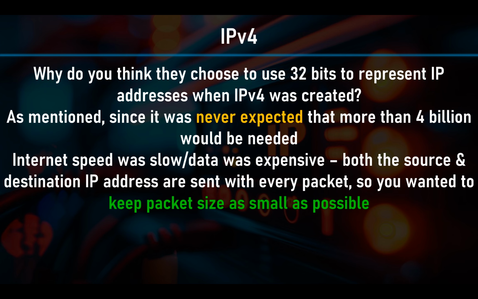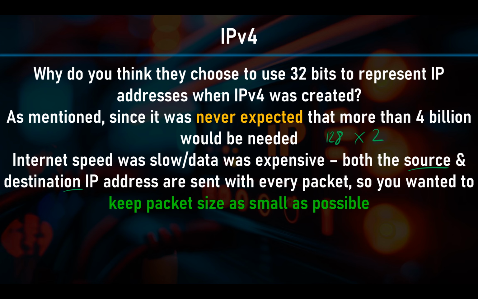Now, if we think about IP version 6, the new version of IP, the main reason it was introduced was to alleviate this IP version 4 shortage. But IP version 6 uses 128 bits for each address. So if in each packet you're having to send the source and destination, that's going to be 128 times 2, which is 256 bits.